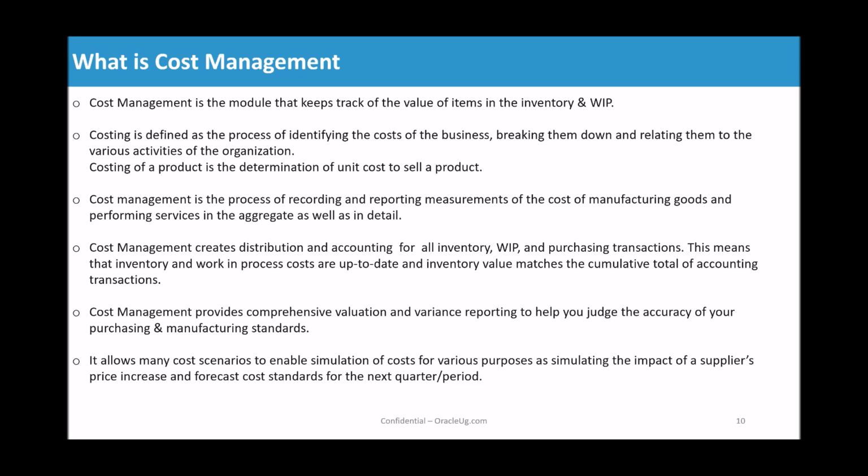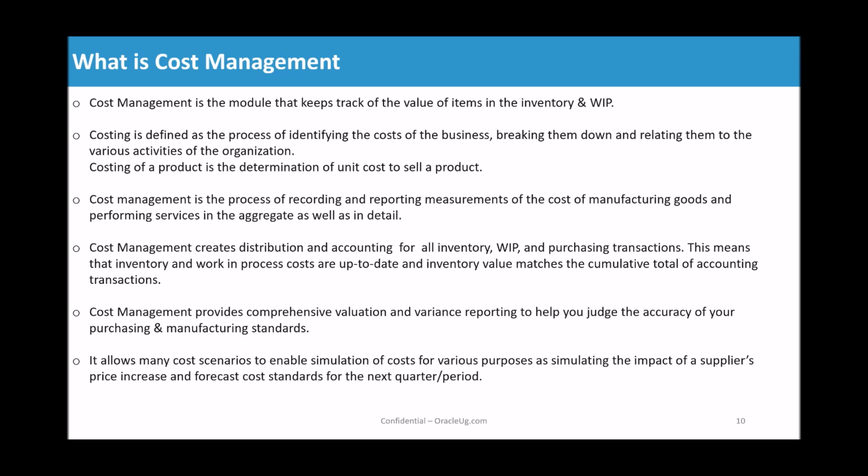The cost management module tracks all your cost throughout the supply chain, starting from receipt of the goods to the point when it is shipped out of your inventory. Costing is defined as the process of identifying the cost of the business, breaking them down, and relating them to the various activities of the organization. Costing of a product is the determination of unit cost to sell a product.